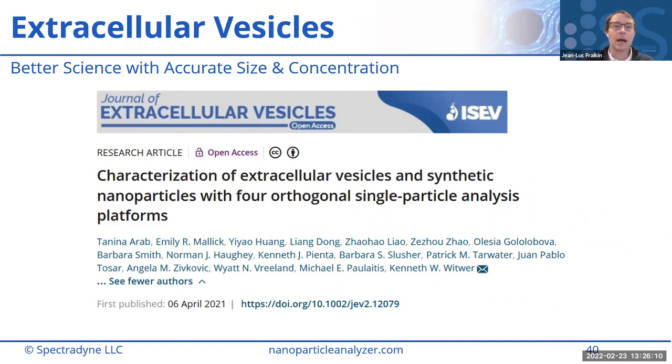One paper I'd like to highlight specifically is this one in the Journal of EVs, especially if you're in the EV space. This is from Johns Hopkins University, and they characterize EVs with 4 different orthogonal single particle measurement techniques. It's a nice summary of the different emerging technologies available for this, so I encourage you to go and check it out.